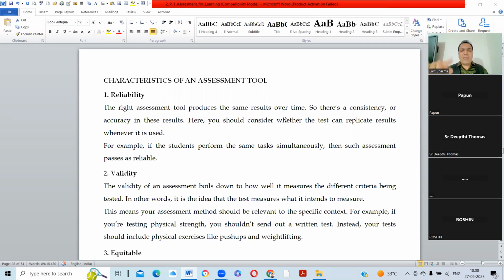What is the meaning of valid? Valid means when an instrument is made for a particular thing, it should display that thing appropriately. The watch was invented to give the correct time, but this watch was not giving the correct time. That's why the watch is not valid. So this is the difference between reliability and validity.